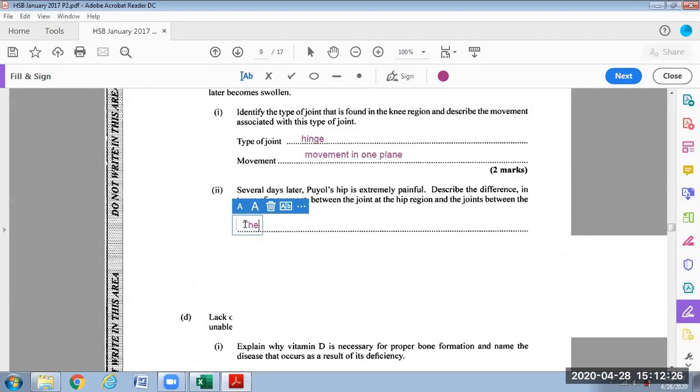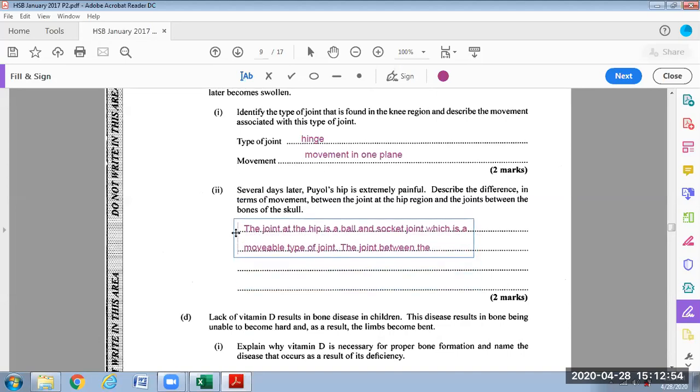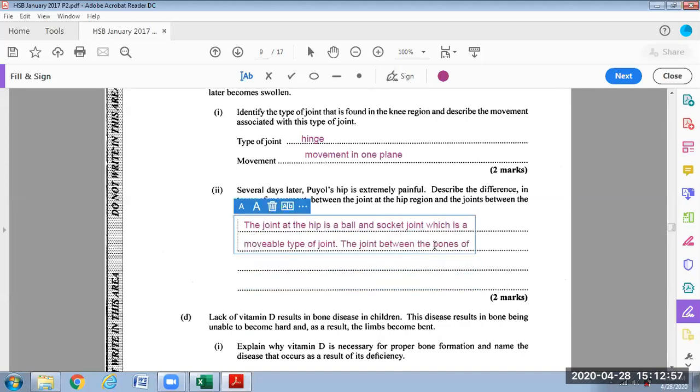So, the joint at the hip is a ball and socket joint, which is a movable type of joint. The joint, however, between the bones of the skull is non-movable.